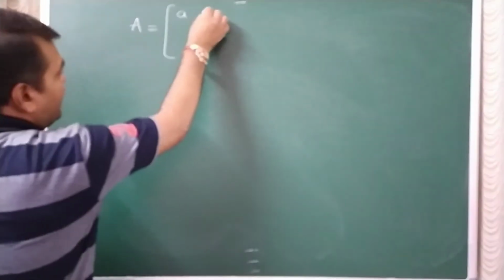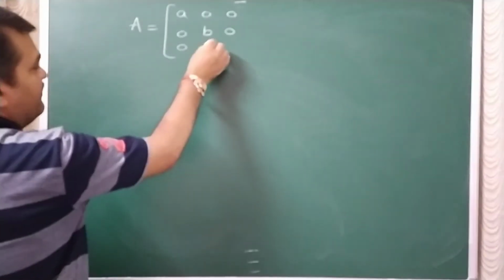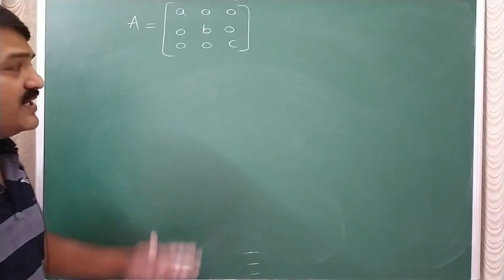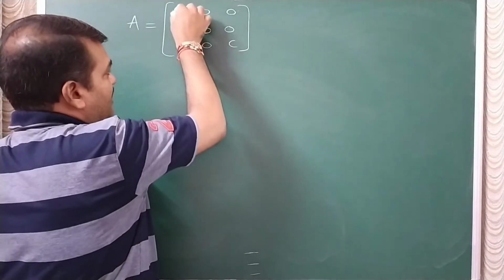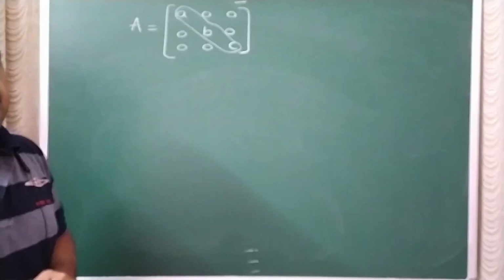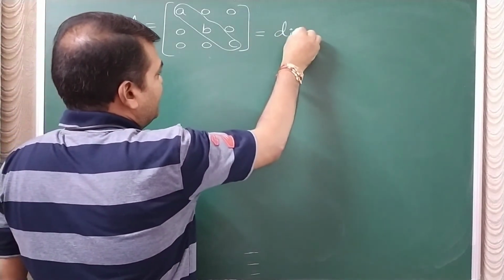if A is taken as a diagonal matrix, so a diagonal matrix means what? Except the principal diagonal, remaining are zeros. Means all non-diagonal elements are zeros. I took A as a diagonal matrix. So this diagonal matrix can also be written like this, no?